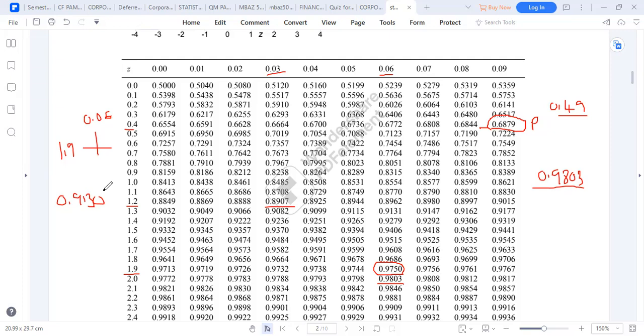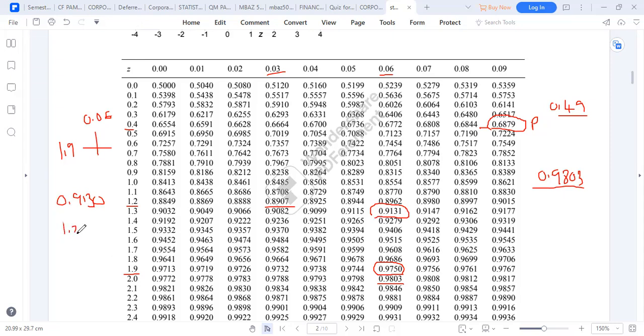We have something close at 1.36. Okay. 9130. The closest is 9131. So this is corresponding to 1.36, correct?